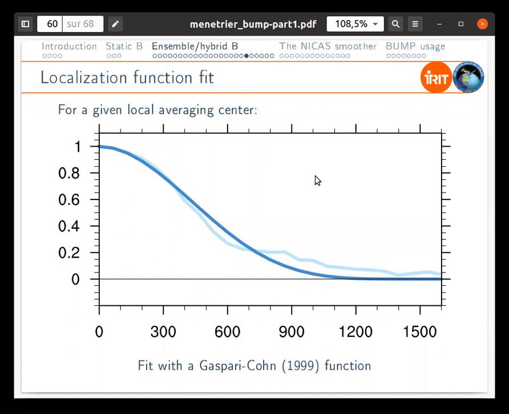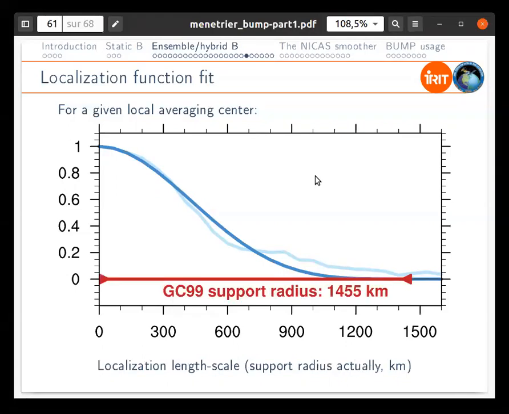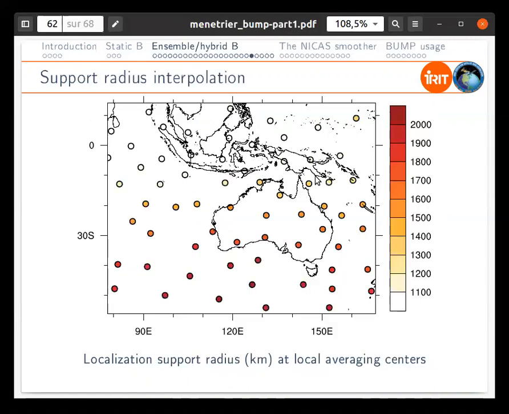It's basically like a Gaussian, but with a finite support, so it's better for some applications. Here the finite support of the function is around 1,455 kilometers. So we get this length scale, and we will get this localization length scale for each of the red points we had in the previous maps.